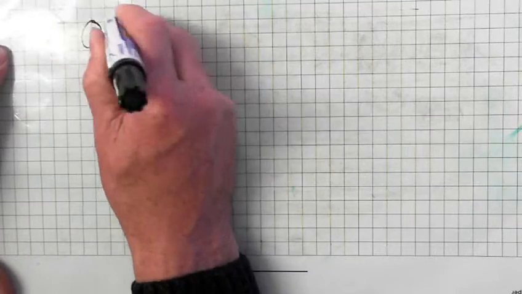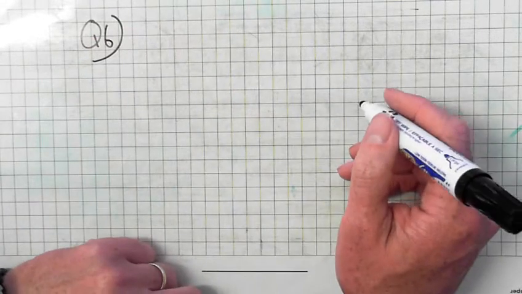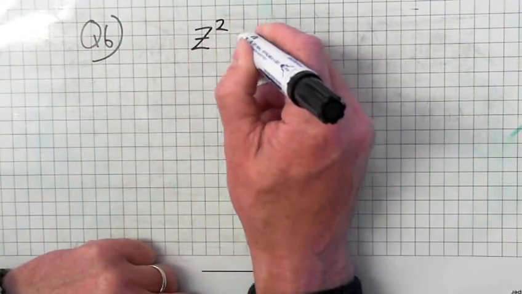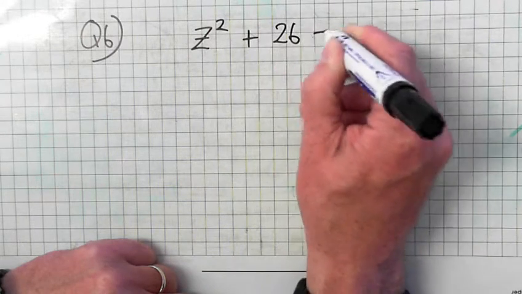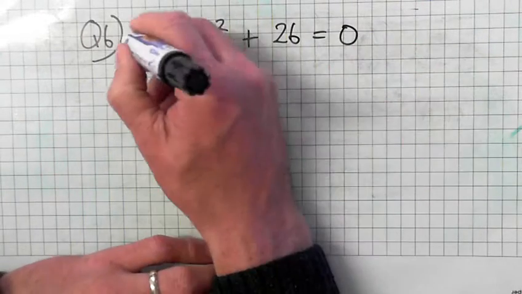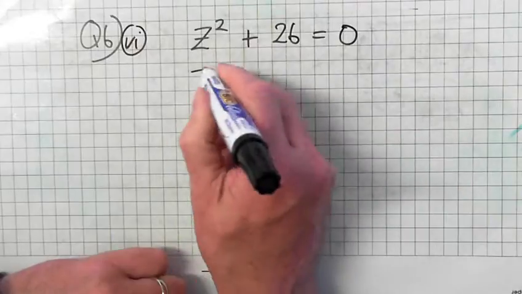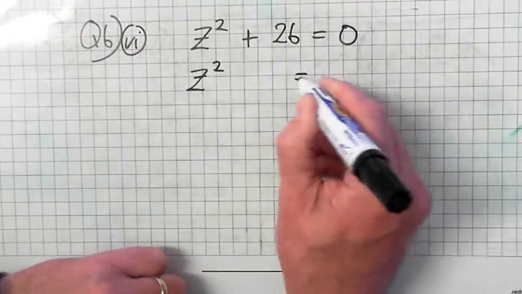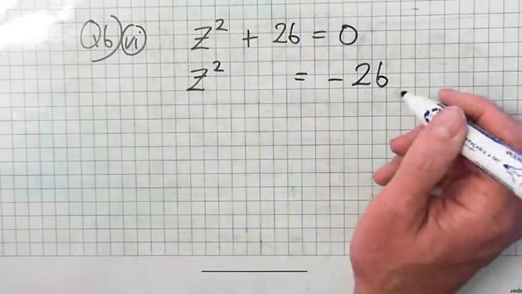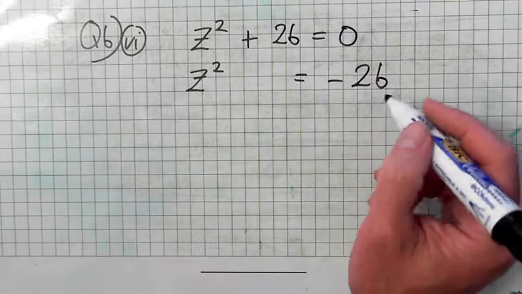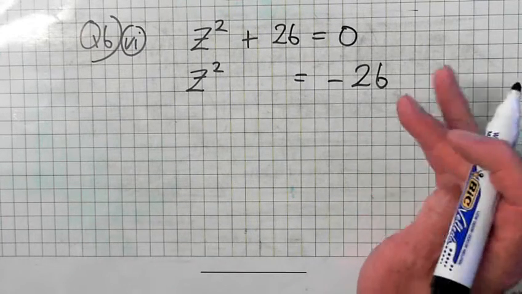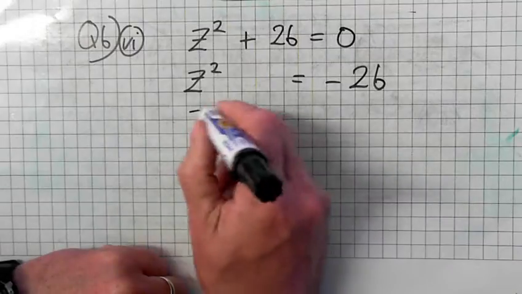Example from question 6. z squared plus 26 is equal to 0. The last one, vi. So z squared is equal to minus 26. Is there a square number that will divide into 26? Don't think so.